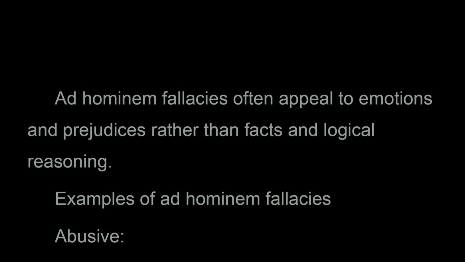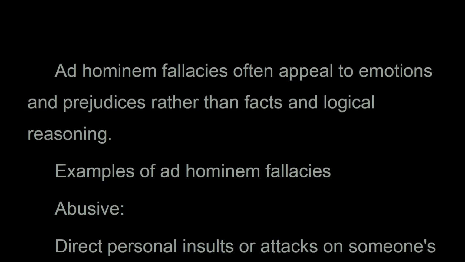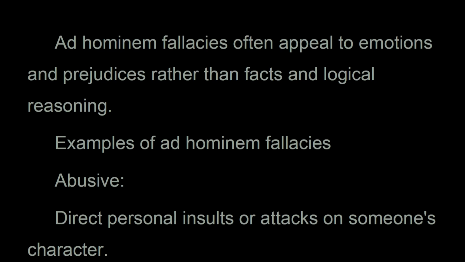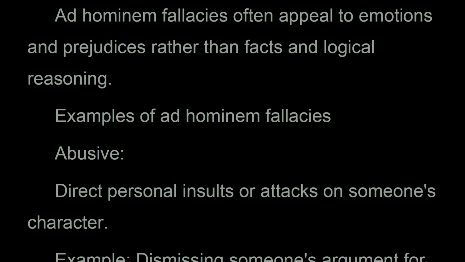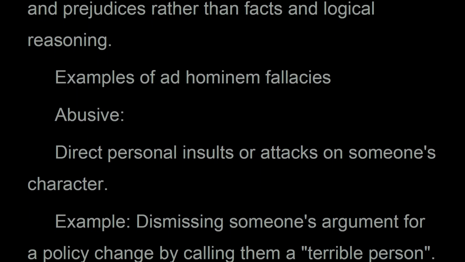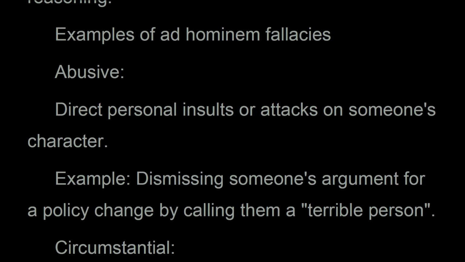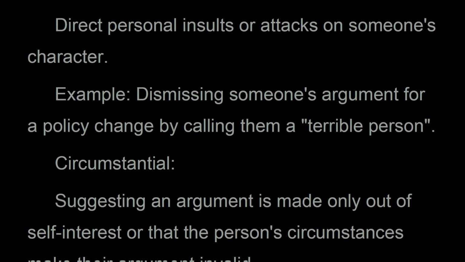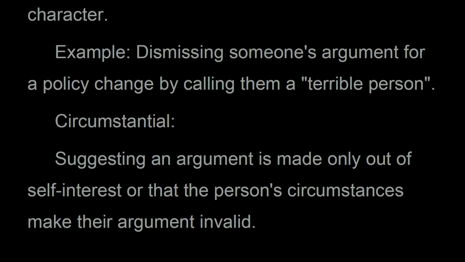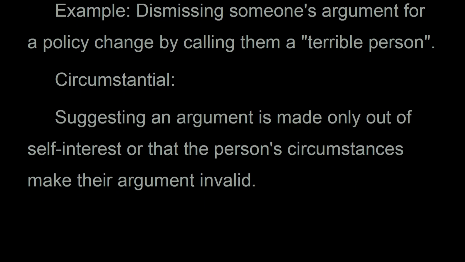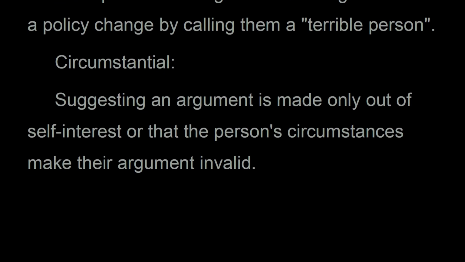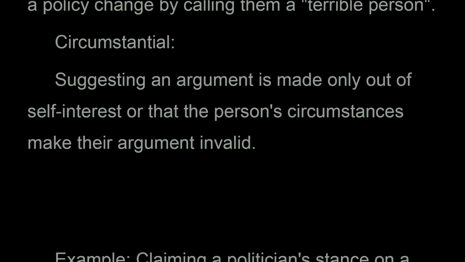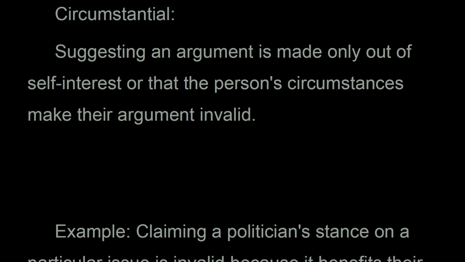Examples of ad hominem fallacies. Abusive. Direct personal insults or attacks on someone's character. Example. Dismissing someone's argument for a policy change by calling them a terrible person. Circumstantial. Suggesting an argument is made only out of self-interest or that the person's circumstances make their argument invalid.